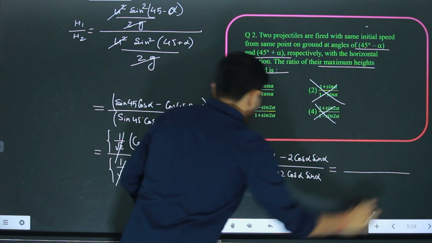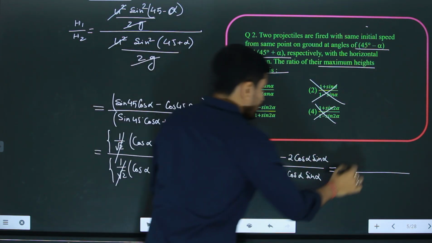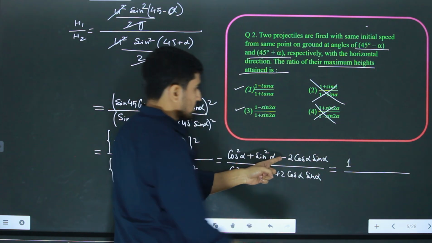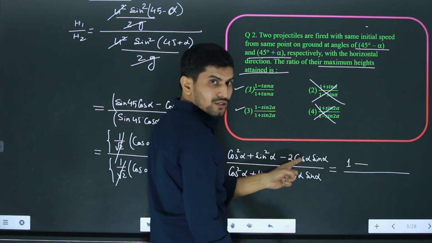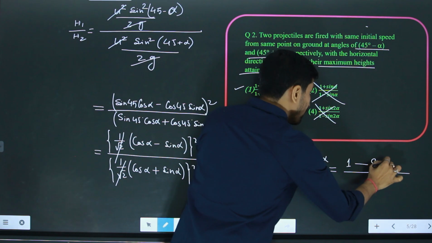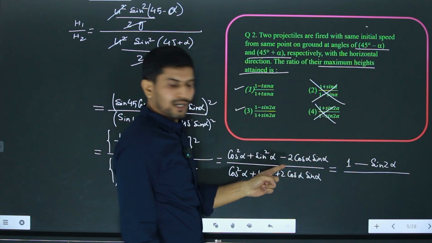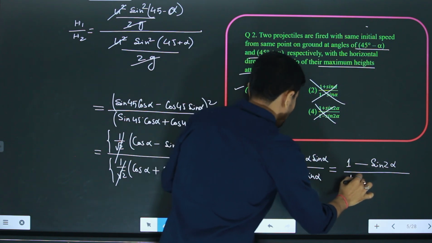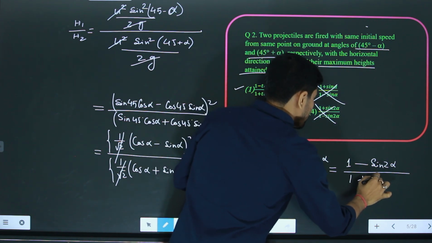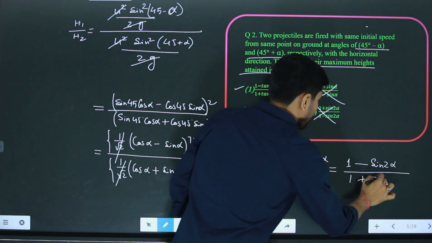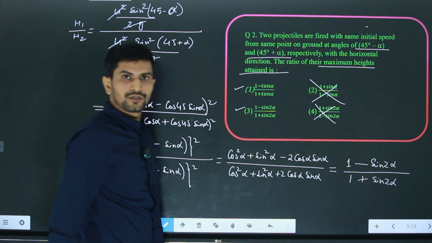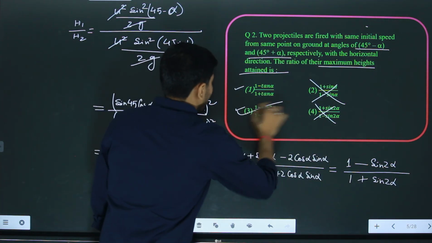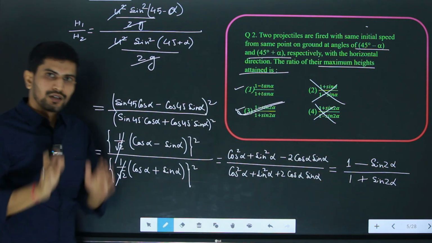Cos square plus sine square equals 1, so I will put 1 here minus 2 sine theta cos theta. What is this? Sine of 2 theta, right? Again, cos square alpha plus sine square alpha equals 1, and this will be sine of 2 alpha, right? Therefore, this is the correct option. Let's move to the next question.